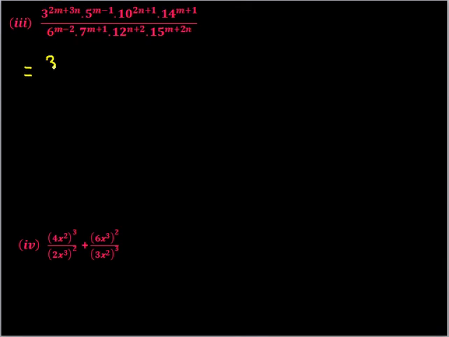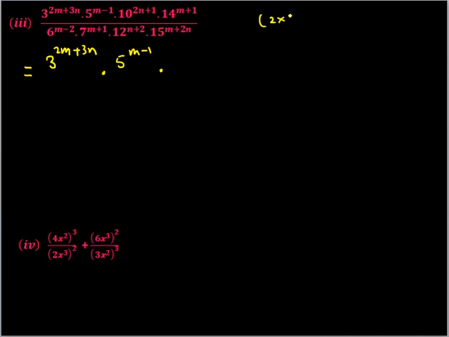So this is 3 with exponent 2m plus 3n. This we are keeping as it is, multiplied with 5 with an exponent m minus 1. Now 10 can be written as 2 into 5. So this term is 2 into 5 with exponent 2n plus 1.